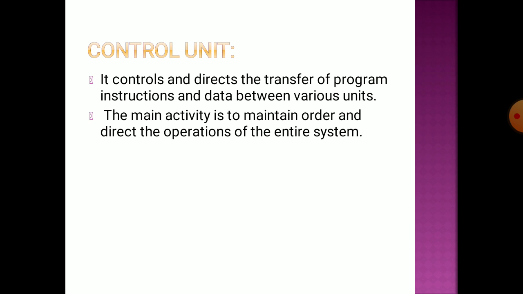Just as everything in a college is maintained by the principal, the head of the college, similarly here the CU acts like the head of your system. It sees whether all the units are functioning properly, whether everything is going well, and which device is not working.